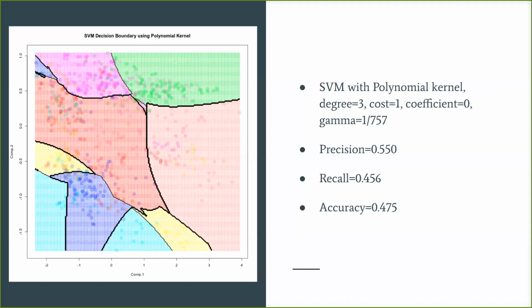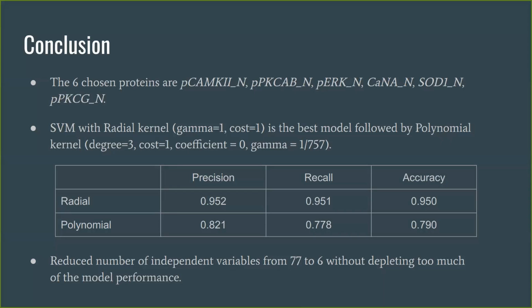And these are the decision boundaries for the polynomial kernel. So even though all the metrics are not as good as the original 6 variables, it can somehow give us some idea about the decision boundaries of how the SVM is doing.